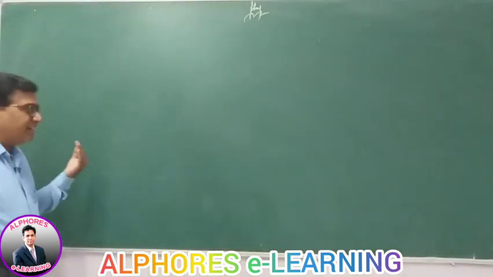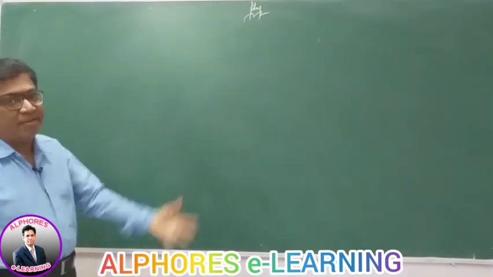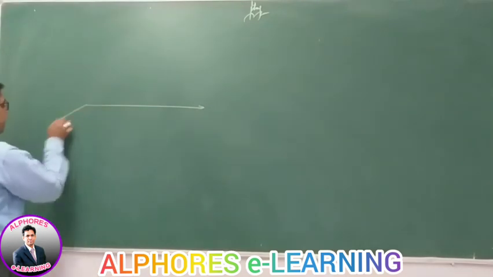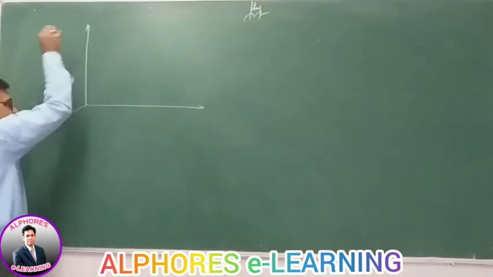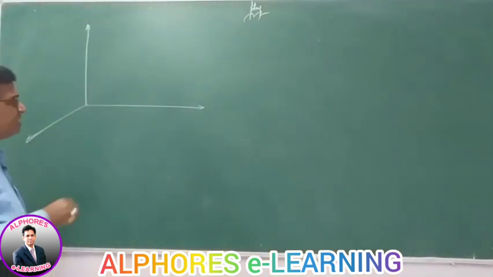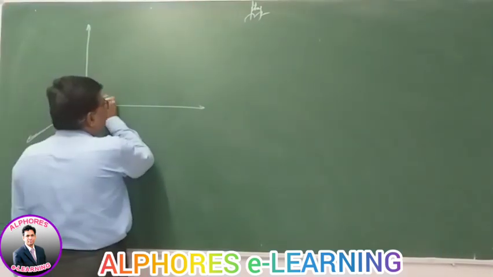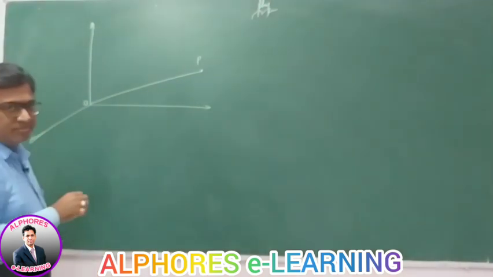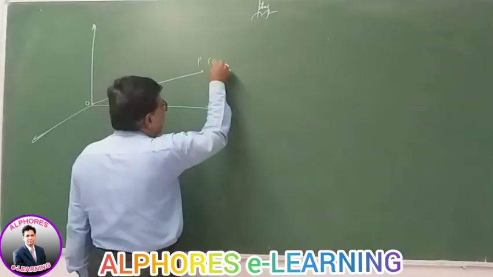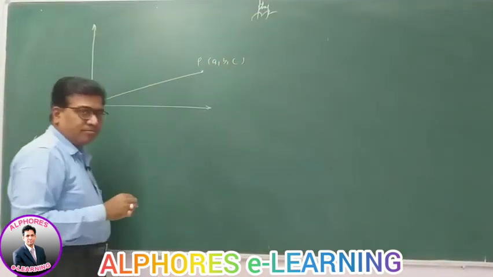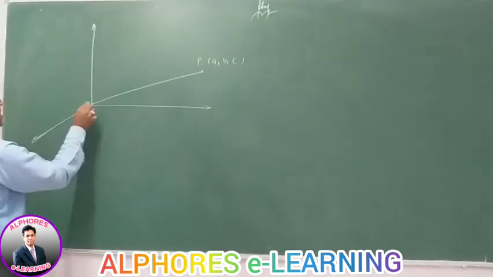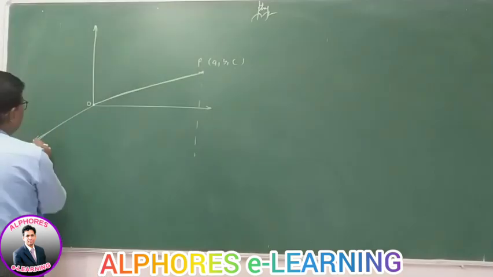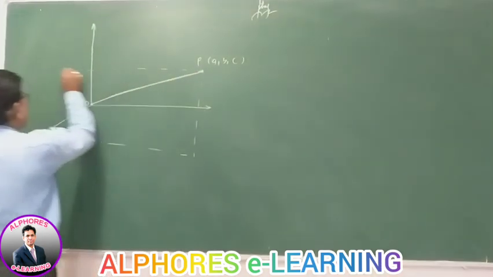Let us take up the resolution of vectors in 3 dimensions. Let's suppose this is x-axis, y-axis and z-axis like this. Now imagine a vector like this, OP bar. Let the coordinates of this point be a, b, c. Let me picturize the diagram.